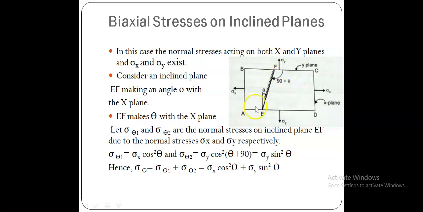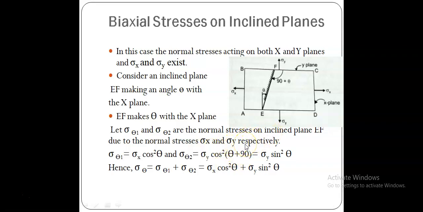So this is the method of referring to this inclined plane. EF makes theta with the x plane. Let sigma theta 1 and sigma theta 2 be the normal stresses on this inclined plane EF due to the normal stresses sigma x and sigma y respectively.